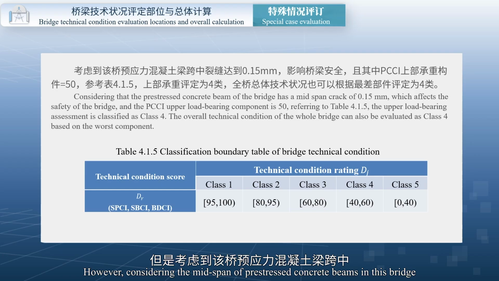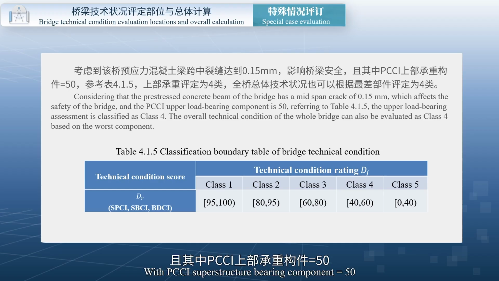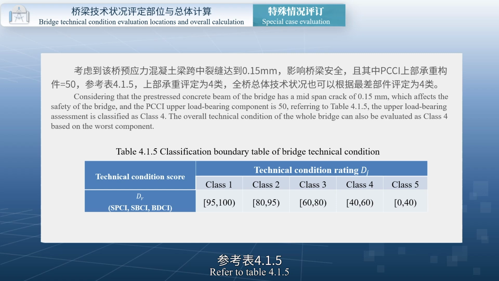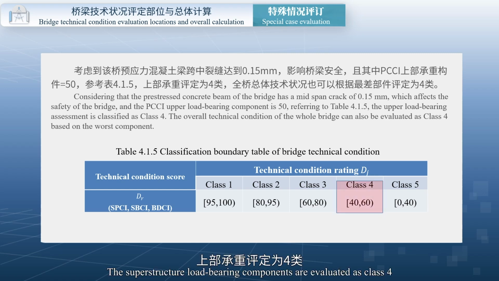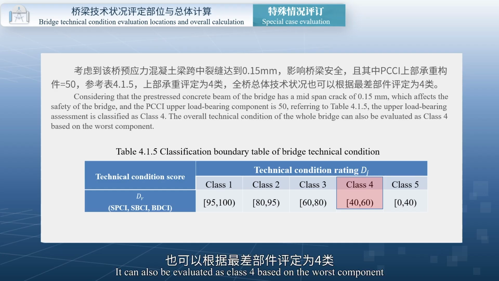However, considering that in the midspan of the prestressed concrete beams in this bridge, cracks reach 0.15 mm, affecting bridge safety, with PCCI of the superstructure bearing component equal to 50, referring to Table 4.15, the superstructure load-bearing components are evaluated as Class 4. The overall technical condition of the entire bridge can also be evaluated as Class 4 based on the worst component.